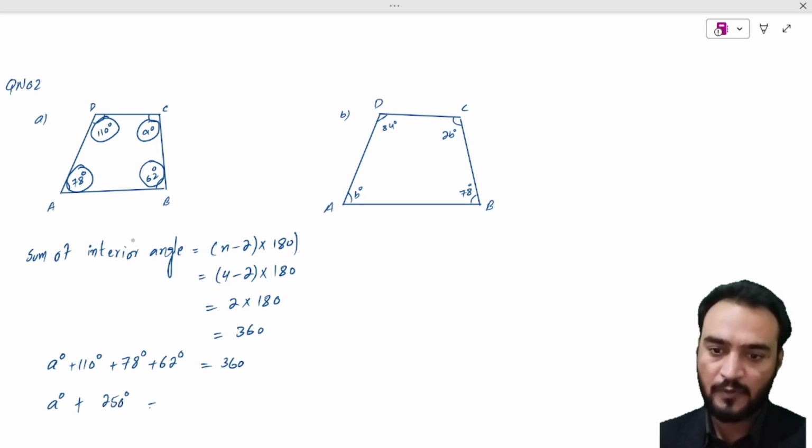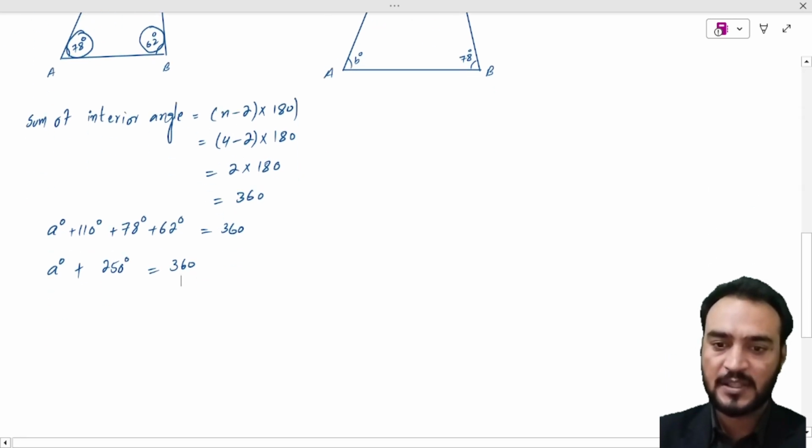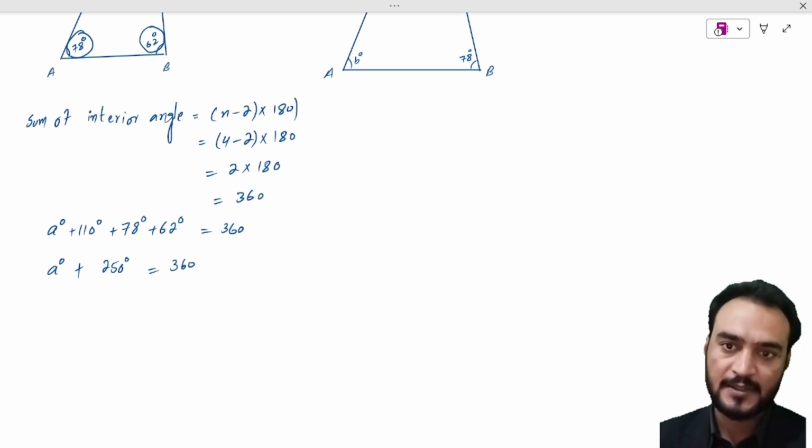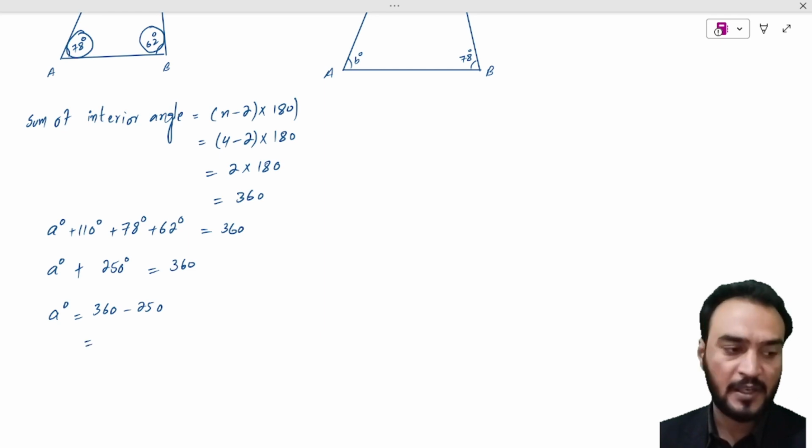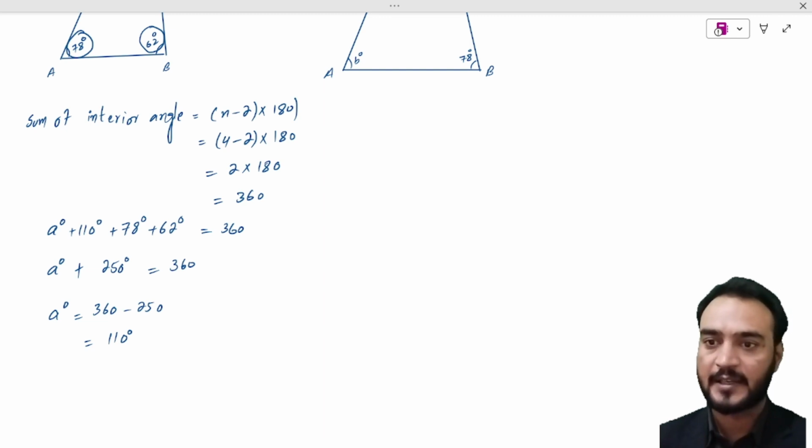Subtracting 250 from 360, we get A degree equals to 360 degree minus 250 degree, which is equals to 110 degrees. Hence the value of A is 110 degrees.